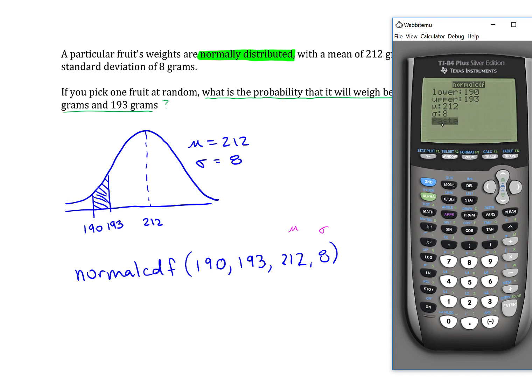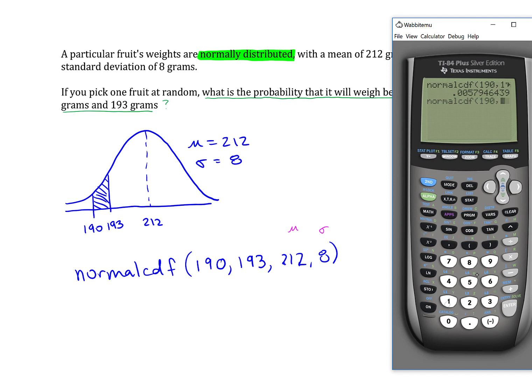Now, some of you may not have seen this menu show up, and that's okay. If you didn't see the menu show up, then I'm just hitting enter twice here. Then what you can do, let me change that so the menu doesn't show up. Second distribution, normal CDF. Then you can still get your answer in the same way. You just have to type in the values as you see them, that we wrote them.